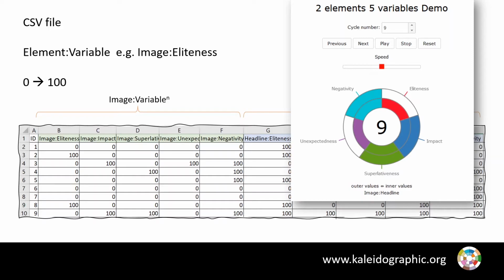Image on the outside, headline on the inside, and you can see that eliteness, being the first one, starts at 12 o'clock, and we go around in a clockwise order.